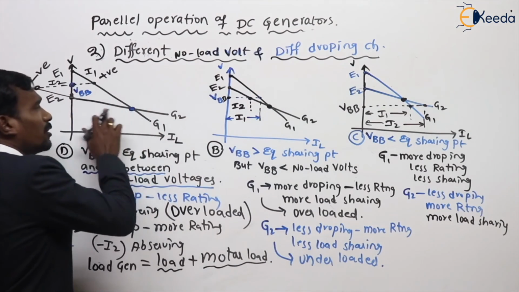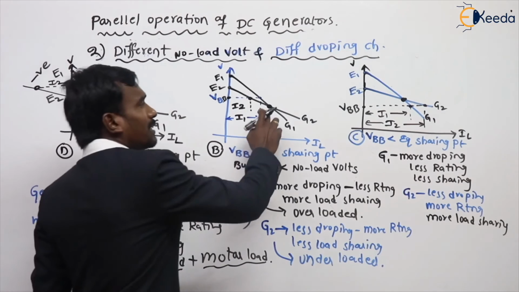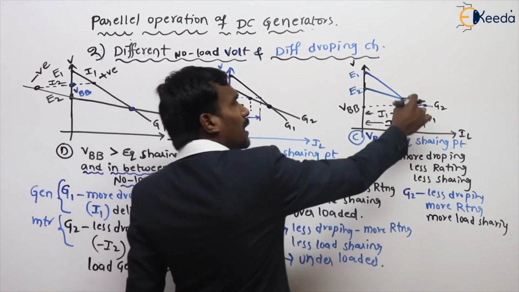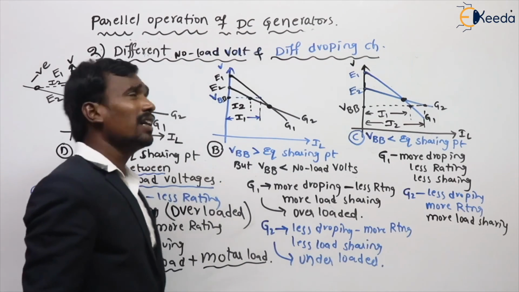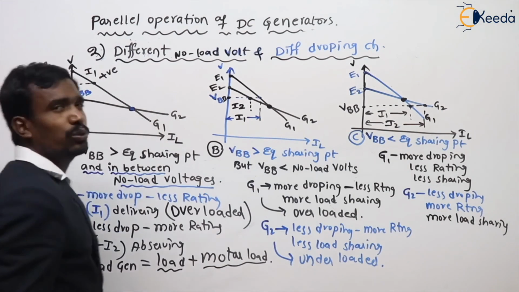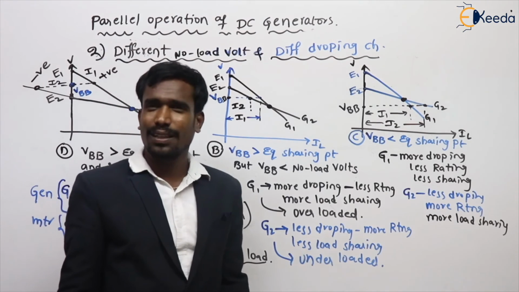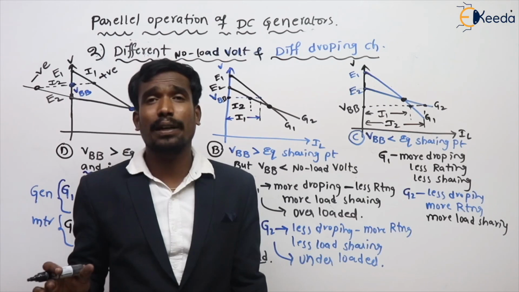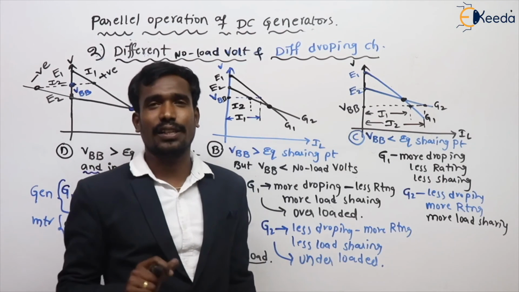One is equal to the equi-sharing point, second is greater than the equi-sharing point but less than the no load voltages, next is less than the equi-sharing point, and next is greater than the equi-sharing point in between the two no load voltages. These are the different possibilities to operate DC generators in parallel.